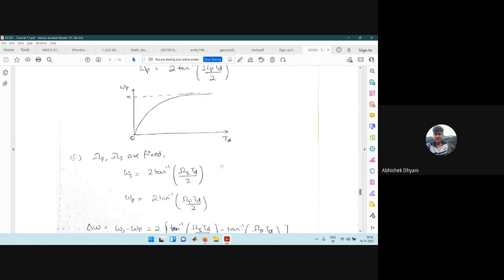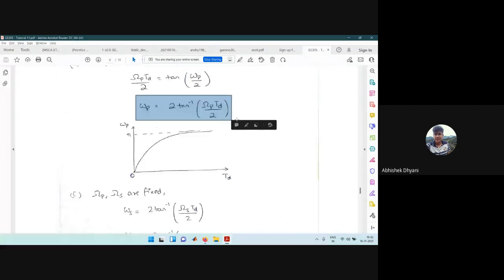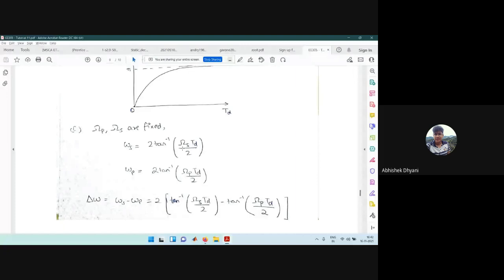Okay, so now given to us was that capital omega p and capital omega s are fixed. We can again use this relation that we found out in the previous case for omega versus capital omega and TD. So we can use it for both the stop band frequency, and in that case here will be capital omega S. For pass band frequency there will be capital omega P, and these are the two relations.